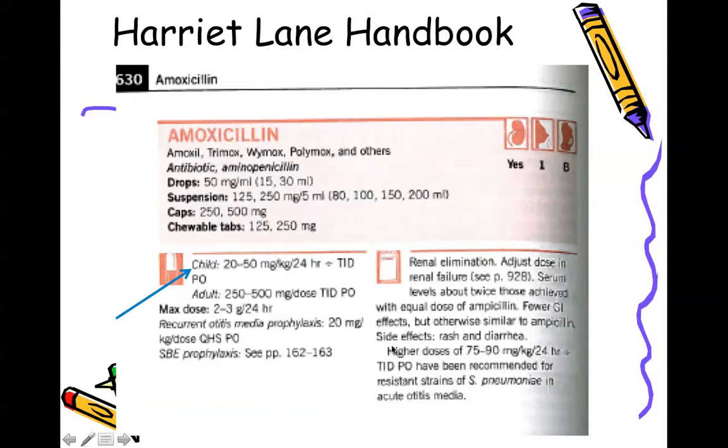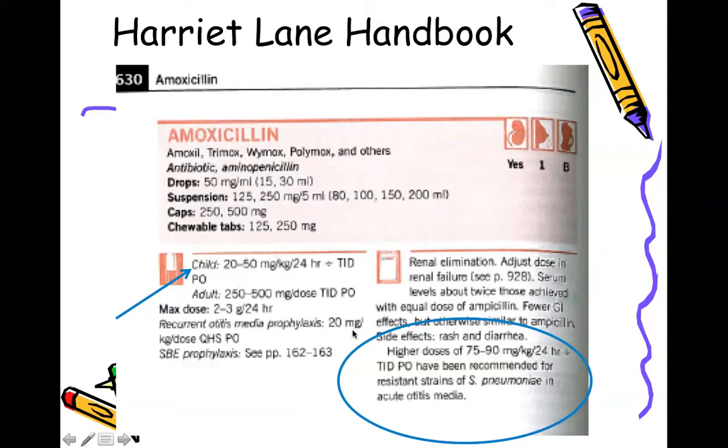And then there's a section down here that says higher doses of 75 to 90 milligrams per kilogram per 24 hours, divided TID, taken orally, have been recommended for resistant strains of strep pneumoniae in acute otitis media, and that is actually where we would want to dose this child. So you might be misled if you were just going by the initial information here about how to dose this.